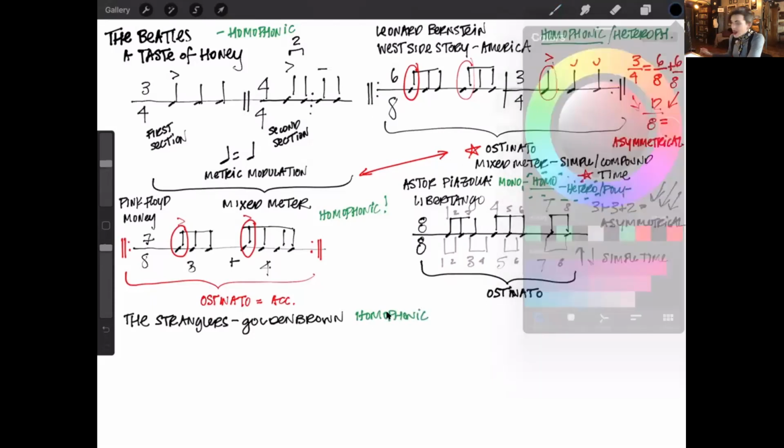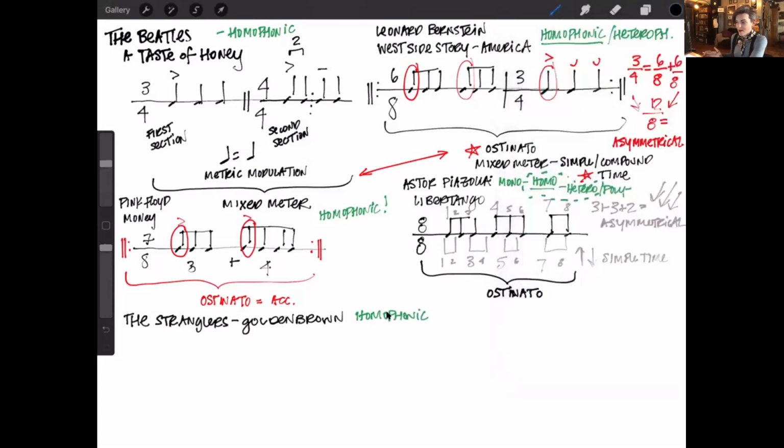And the ostinato, the one that is in mixed meter, looks a little something like this. We have 3/4.